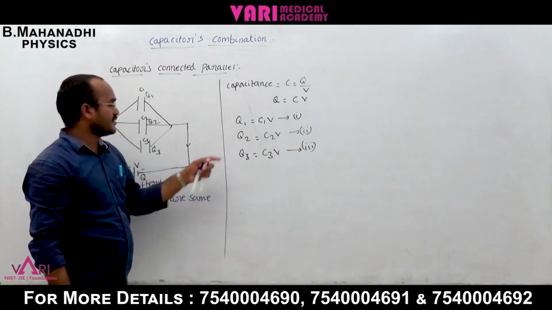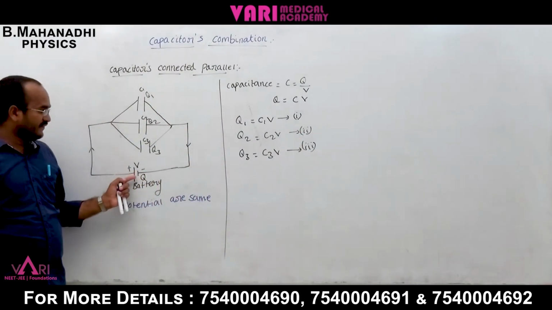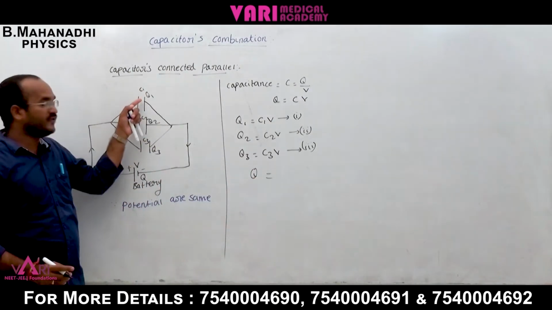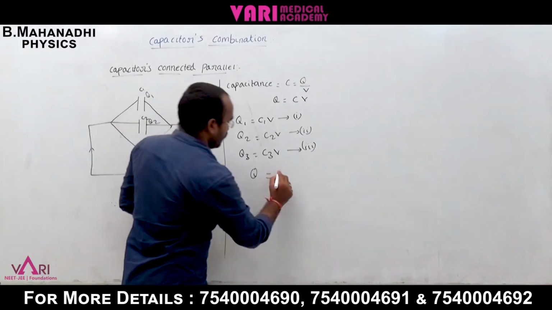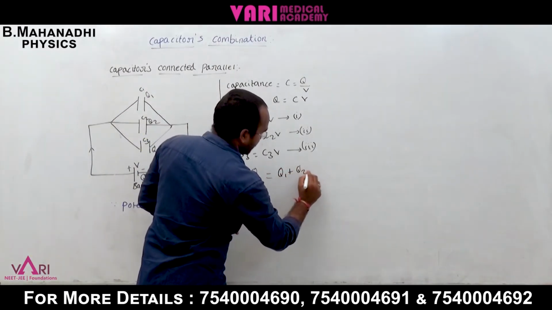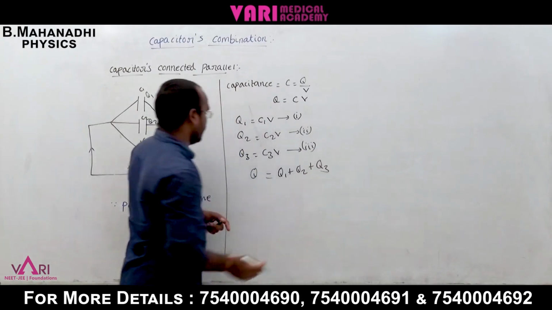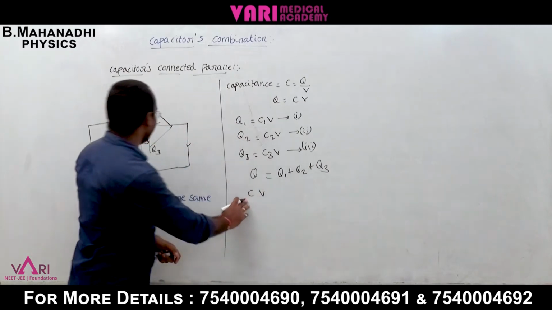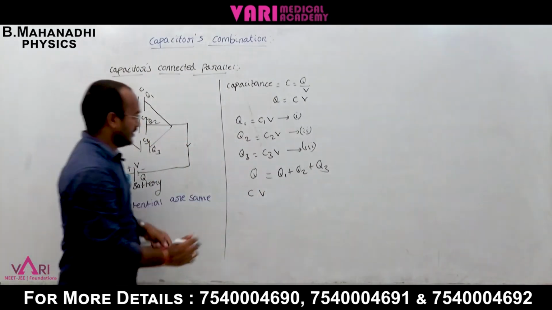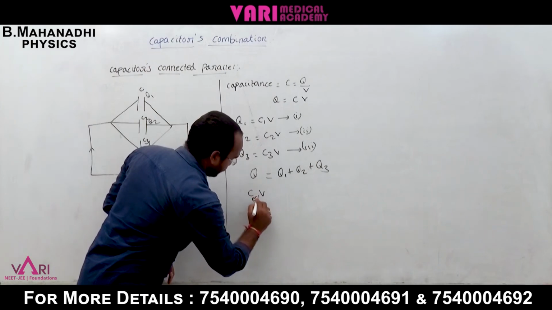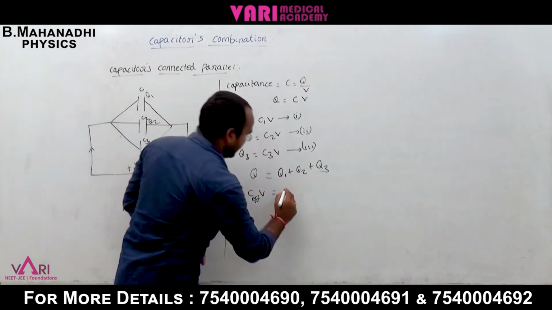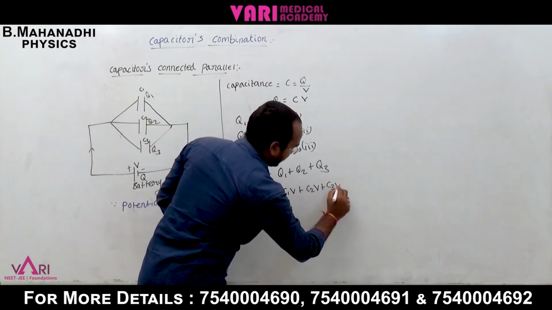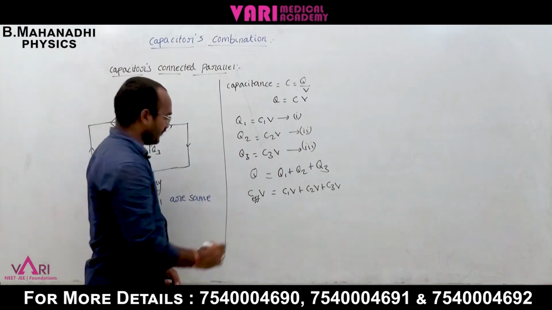Now here the battery of the charge Q is equal to the summation of the individual charges, Q1 plus Q2 plus Q3. Now Q equal to CV, where C means the effective capacitance, Cp effective, into V. Here Q1 means C1 V plus C2 V plus C3 V. Here V is the common term.